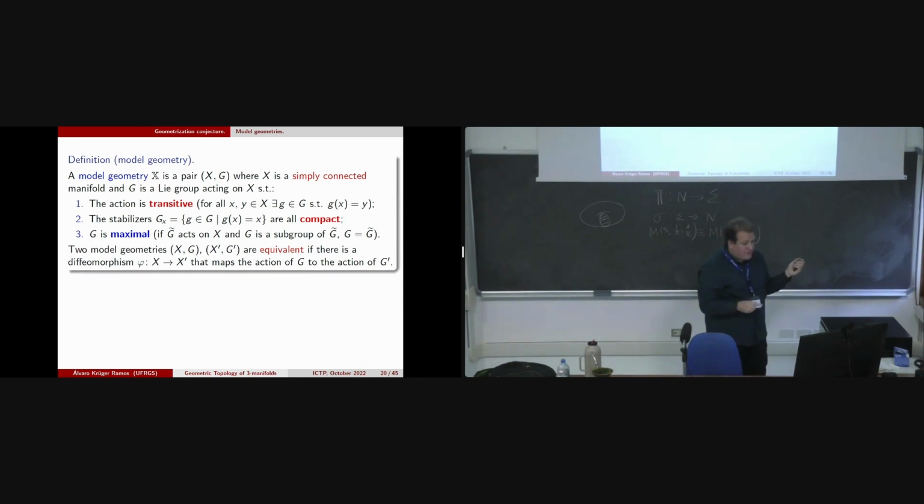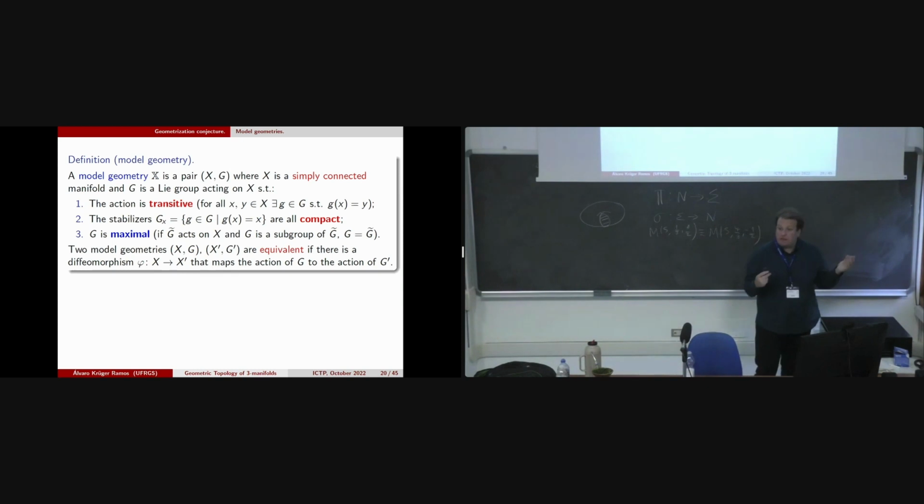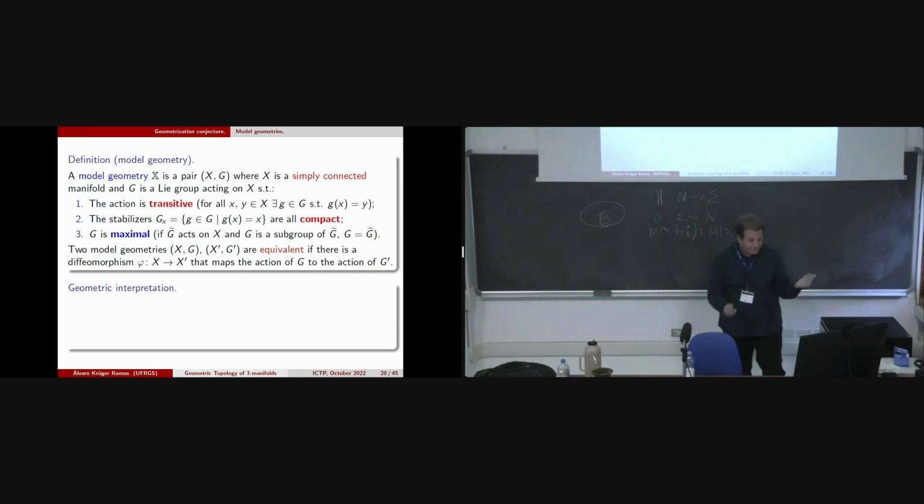And you have the definition of equivalent model geometries: if there is a diffeomorphism from one space to the other space that maps the action of this group to the action of that group.